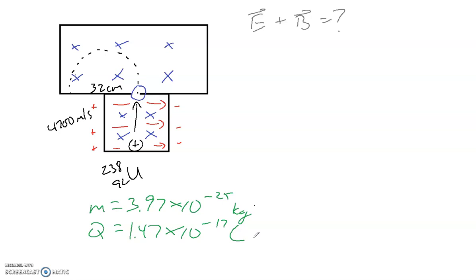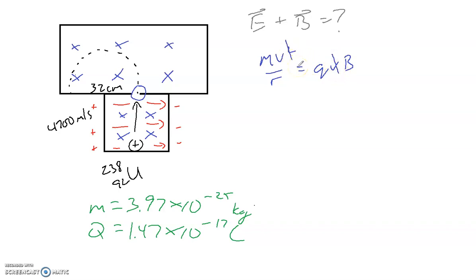Last time I found E first, so let's find the B first this time. For my B, I know that mv squared over r is going to be equal to qvb. We've done this type of thing before. My v's actually cancel out.